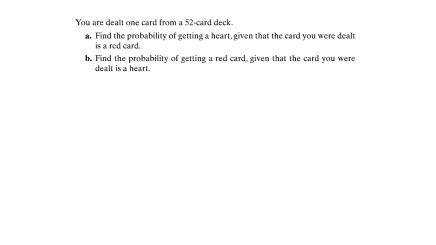For our final problem here, it states that you are dealt 1 card from a 52 card deck. Find the probability of getting a heart given that the card you were dealt is red. All right, so the first thing we need to think about is that given part, given that you're dealt a red card. So there are 26 red cards in a deck of cards.